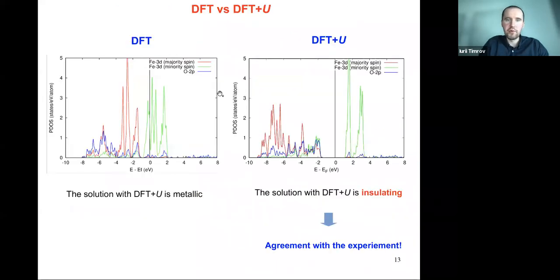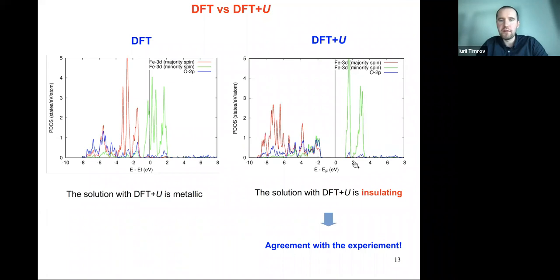Okay. On the left is our DFT result, on the right is the DFT plus U result. When we apply the Hubbard U correction, we remove self-interaction for the d electrons. They were delocalized in PBEsol, but by putting the plus U correction, we are localizing them more, as they should be.